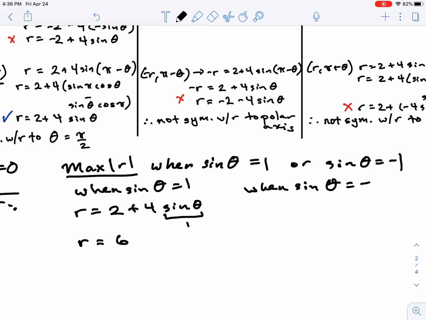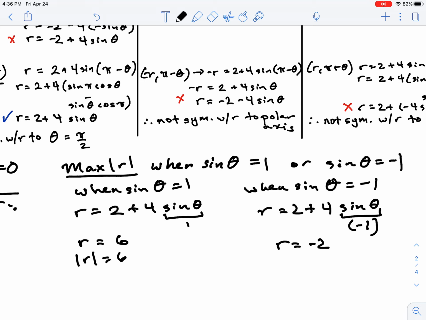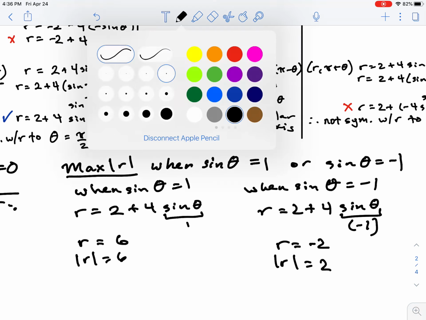When sine of theta is equal to negative 1, r is equal to 2 minus 4, so r is equal to negative 2. But we're looking at the absolute value of r here. So the absolute value of r is 6 in the first case and 2 in the second.